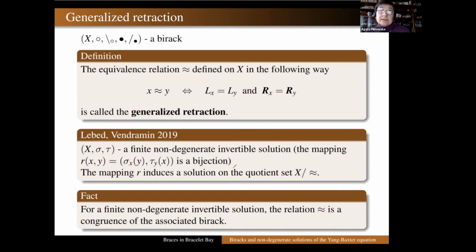So in fact, they showed that for a finite non-degenerate invertible solution, the relation of the generalized retraction is a congruence of the corresponding Birack.